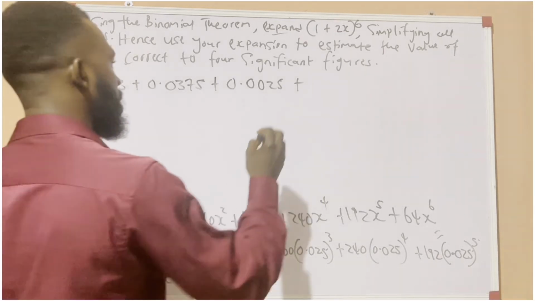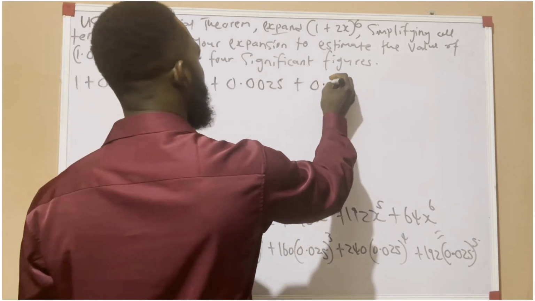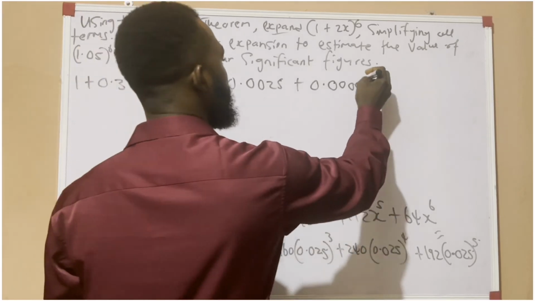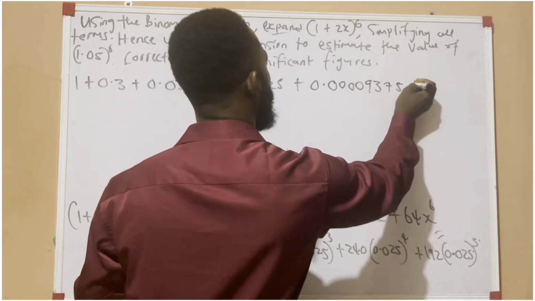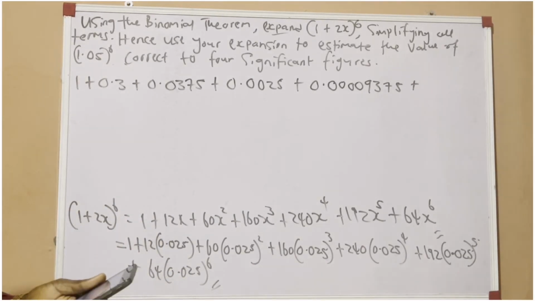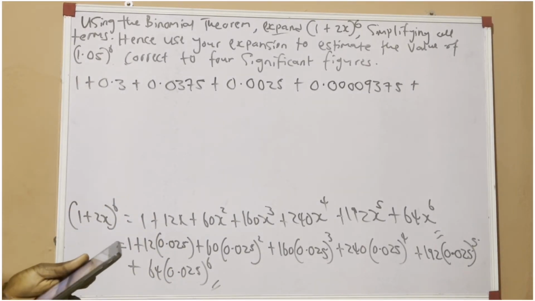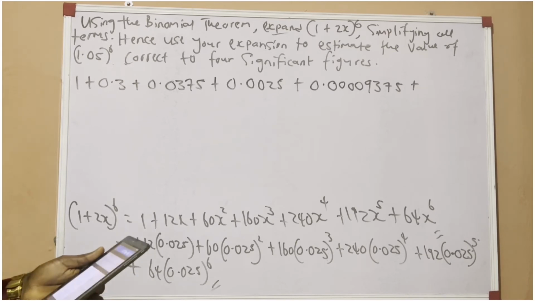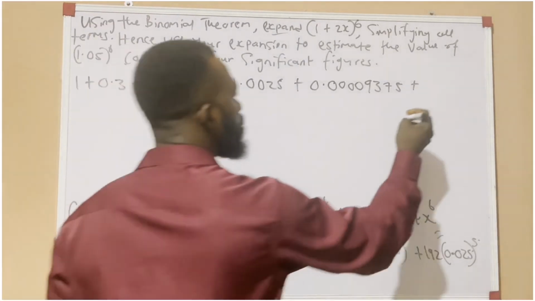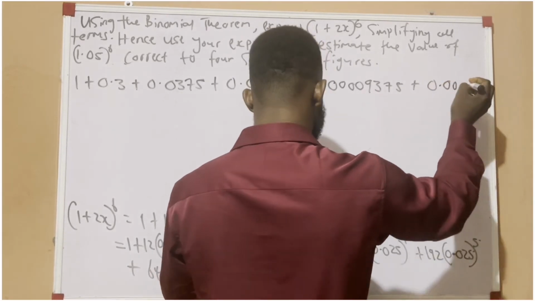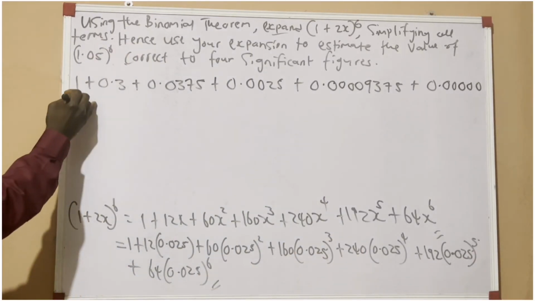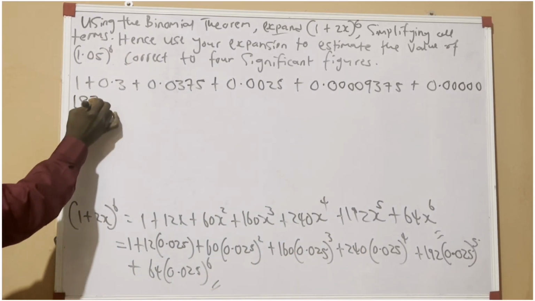That gives us 0.0000 9375. Plus, we go further saying 0.025 raised to the power of 5, multiplied by 192. That gives us, let me do it here, plus 0.00 456 1875.